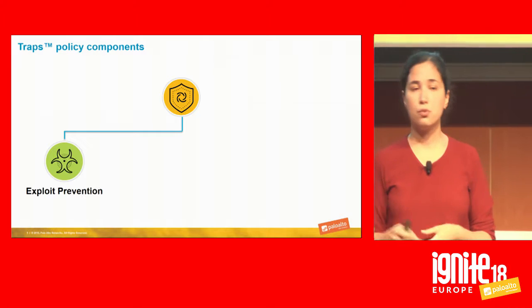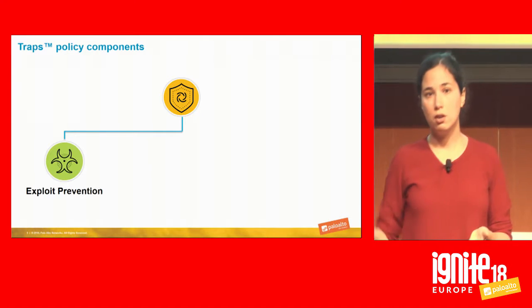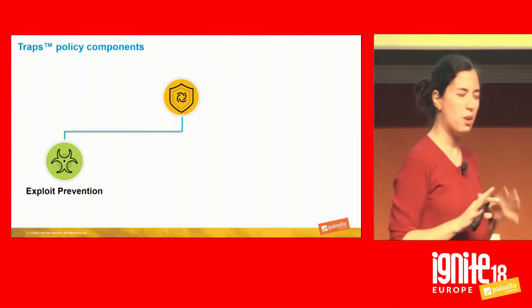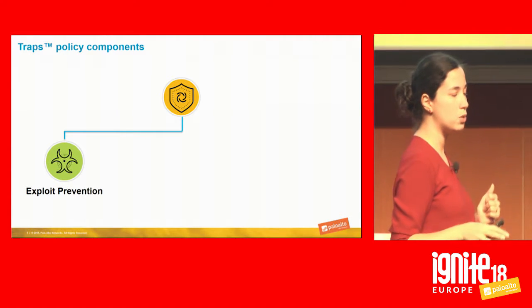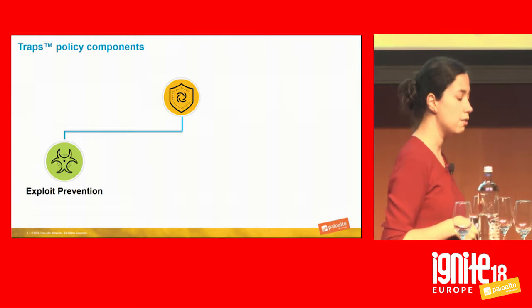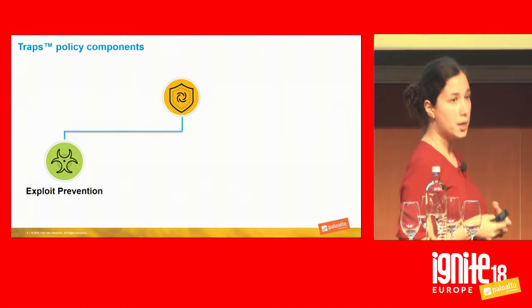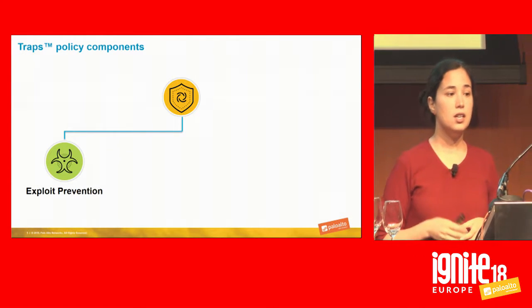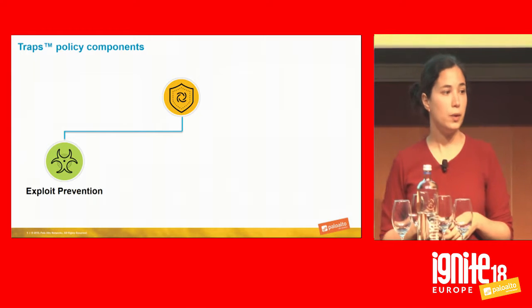They had signatures for different types of executables that were causing harm to endpoints. Back then, ransomware wasn't even that common, so it was mostly Trojans or password stealing tools and stuff like that. And no one really focused on exploits and the delivery mechanism to the endpoint itself. So this is really what Traps started out with.